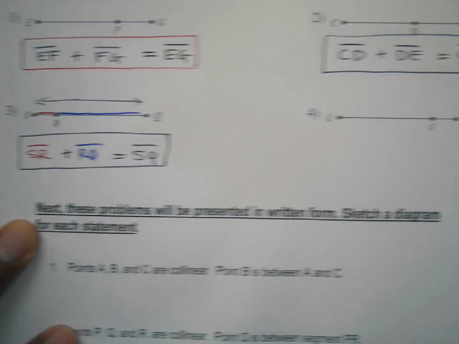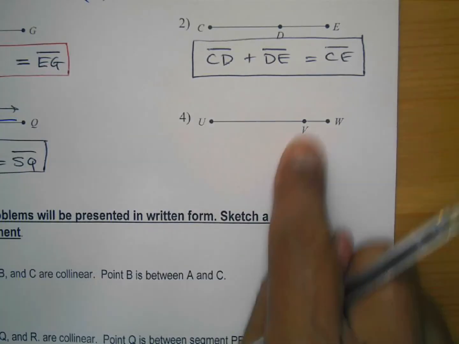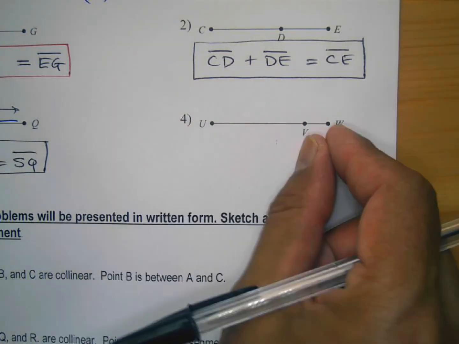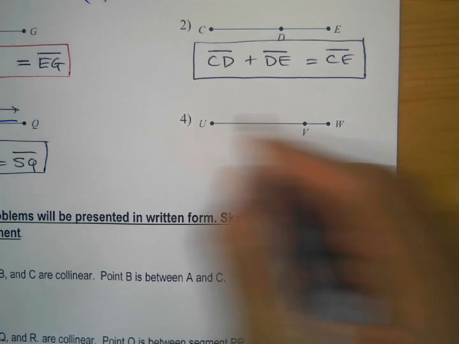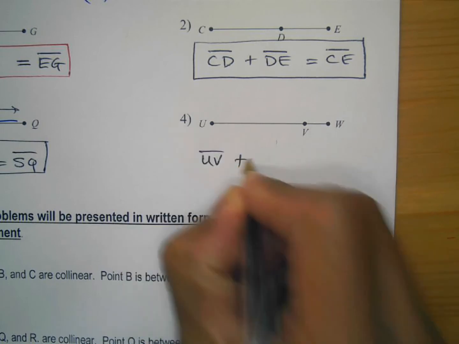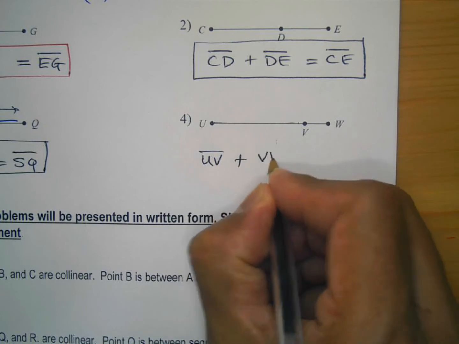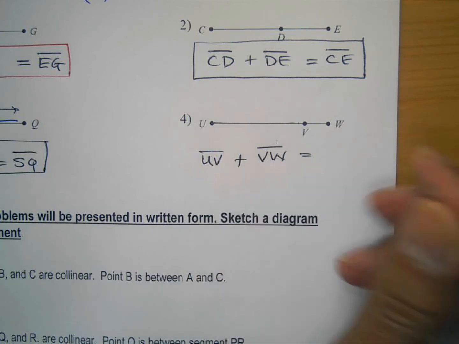Next one. Same idea. Again, it doesn't matter where this point is. This segment plus this segment is the whole segment. So that's going to be UV plus this other remaining little piece right there, VW, equals what?